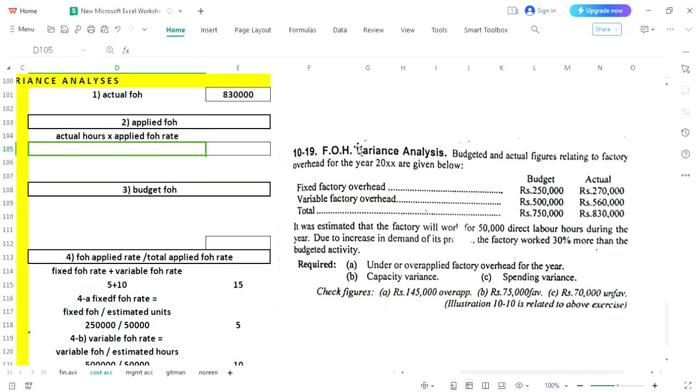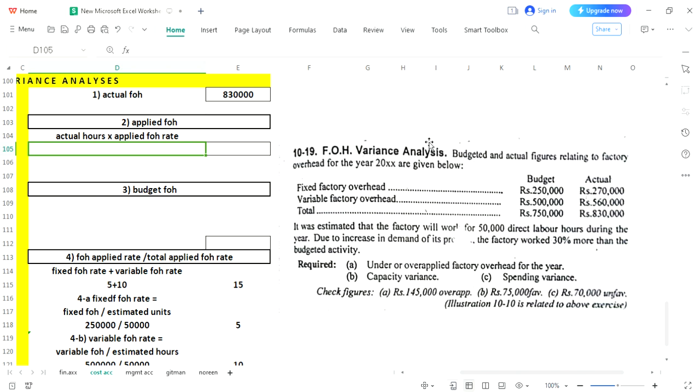Actual hours, for that you will have to read this. It was estimated that the factory will work for 50,000 hours, but it was estimated. Now next is what? Due to increase in demand of its product, the factory overhead worked 30% more than budget activity.